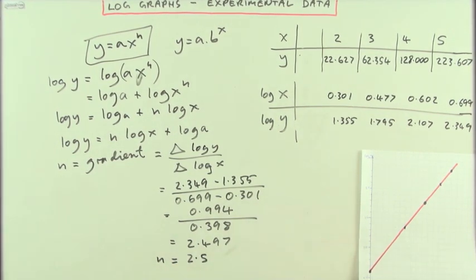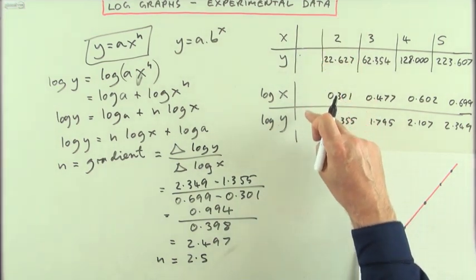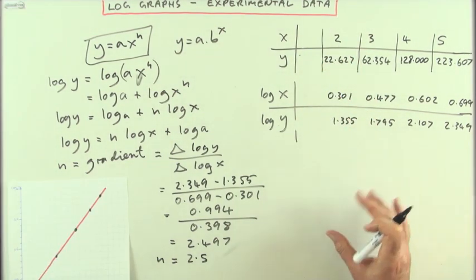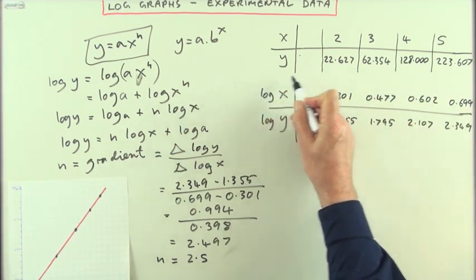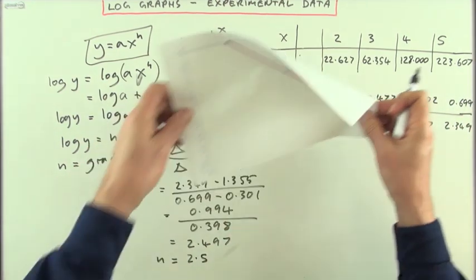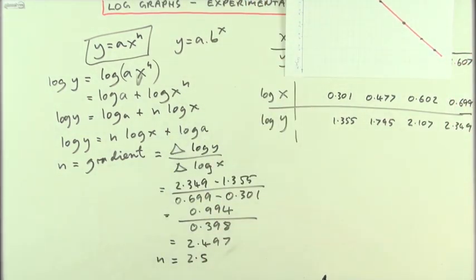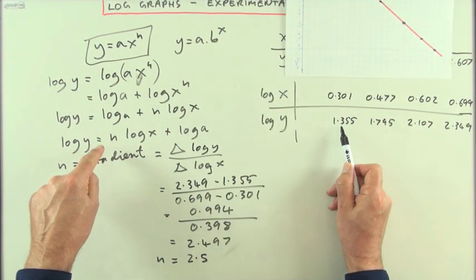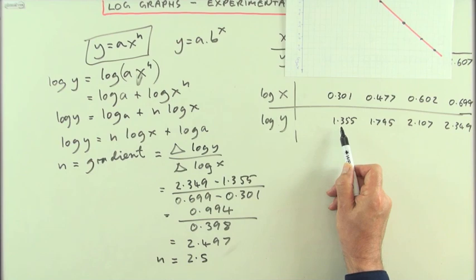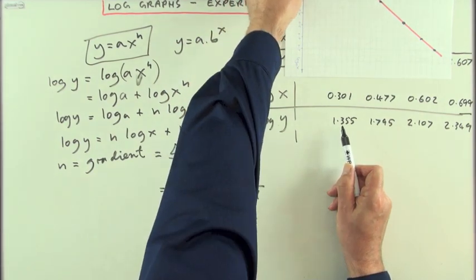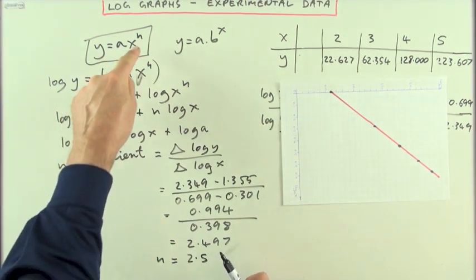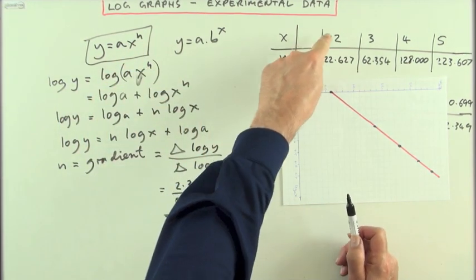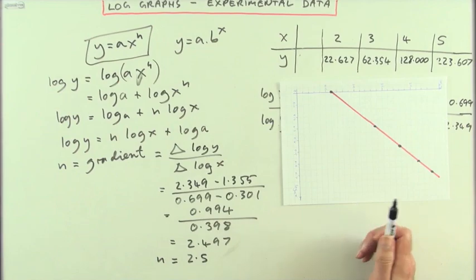Well, that wasn't much different from working out the gradient when I had these nice little points. It all depends what I've got. If I've only got this data here, and I don't have the original data, then I'd have to substitute it back into this equation. If I did have the original data, then putting 2.5 in, I could simply put in the raw x and y and find a.